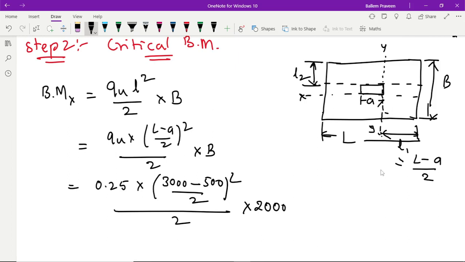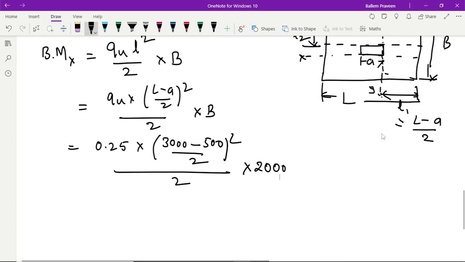So B is 2000 and length is 3000. Now just put these values in the calculator, and you will get the value around 390.625 kilonewton meter.